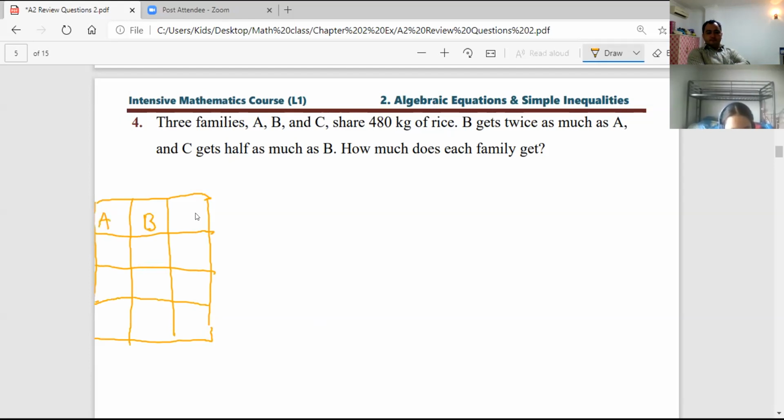A, B, and C. B gets to A. Okay, so let X be A's share.